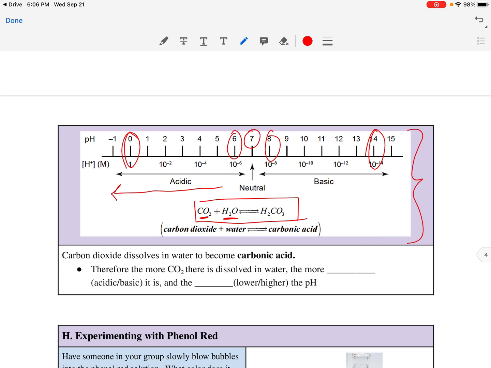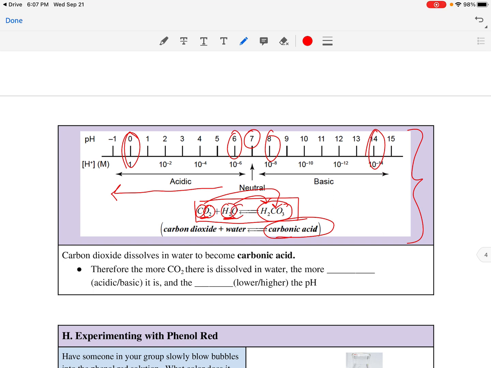And what happens is the carbon dioxide bonds with water molecules to make a larger molecule called carbonic acid. Notice here we have these 2 hydrogens, and they appear here in the carbonic acid molecule. We have 1 carbon, and it appears here.